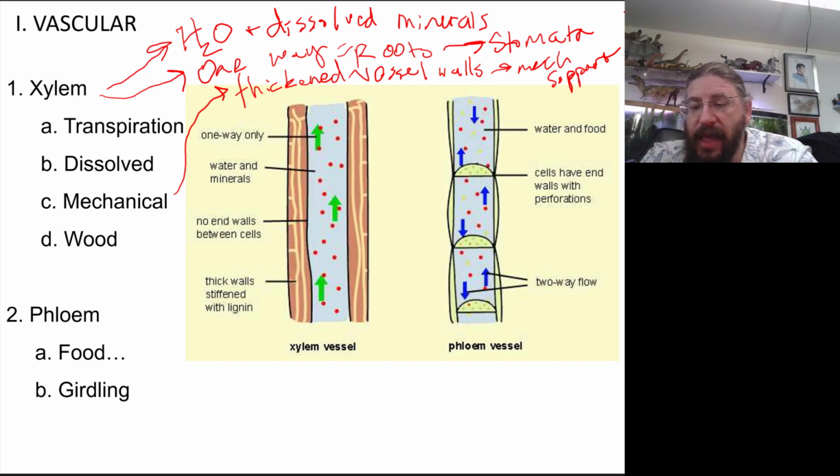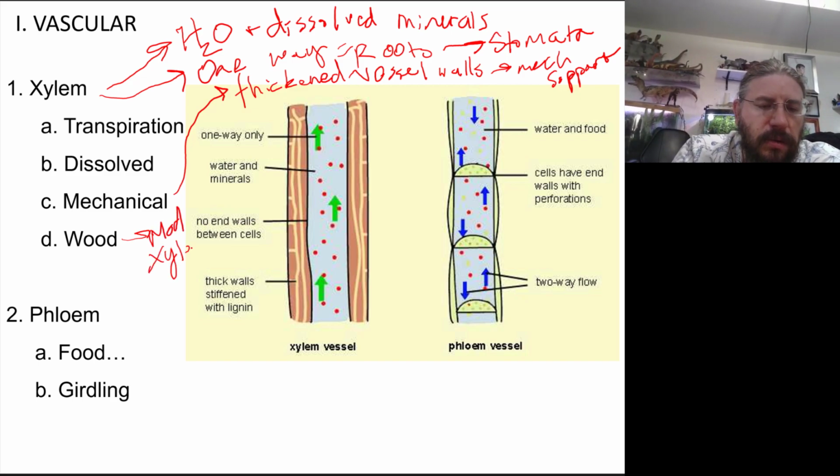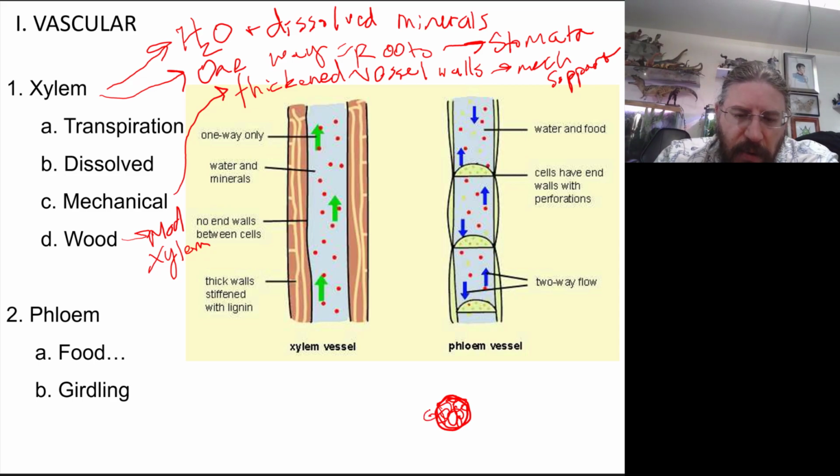Woody tissue is secondary xylem growth. So woody tissue is a modification of xylem. Modified xylem. Essentially, you have the core xylem of your sapling, and then you get a ring layer of xylem, and then you get a ring layer of new xylem. Right?